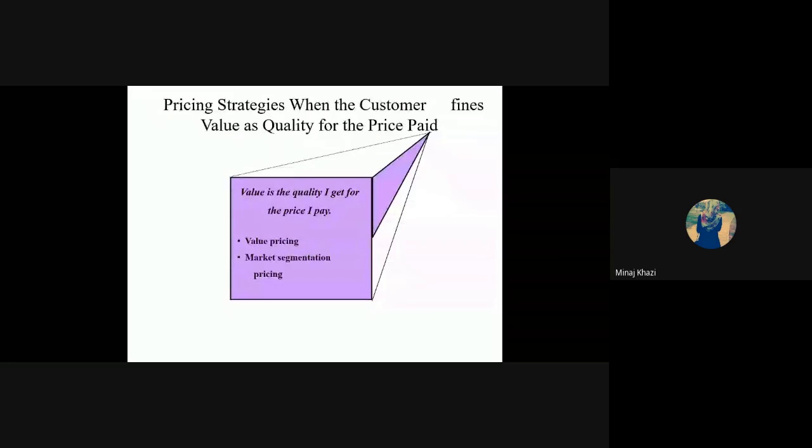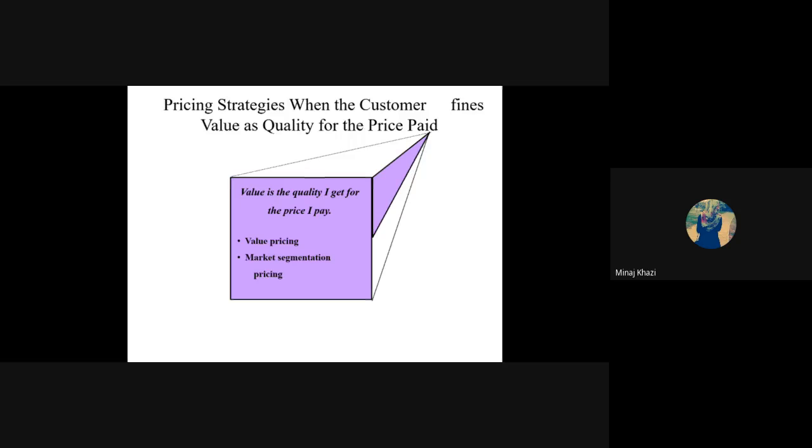Plus the people who are ready to pay a moderate amount, even for them there is availability in the same brand. And the people who are ready to pay more, at a higher price, for them also there are mobile phones in the same brand. So this is market segmentation pricing, a different pricing for different segments.